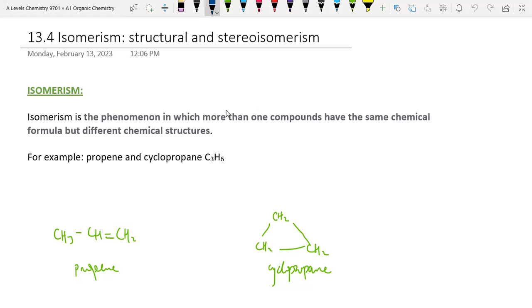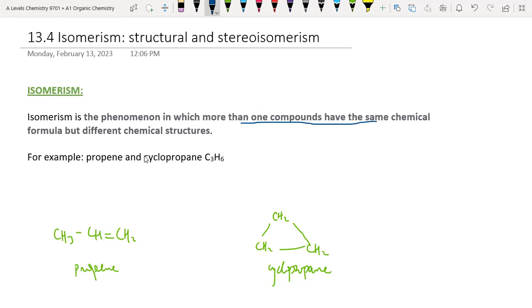Let us start with the isomerism definition. What is isomerism? Isomerism is the phenomenon in which one or more compounds have the same chemical formula but different chemical structures.